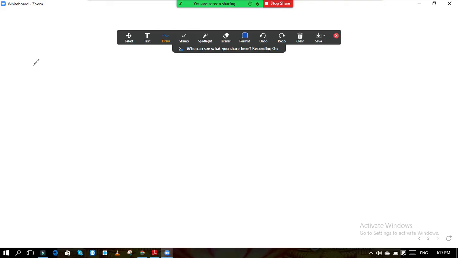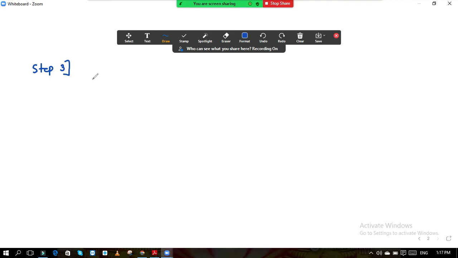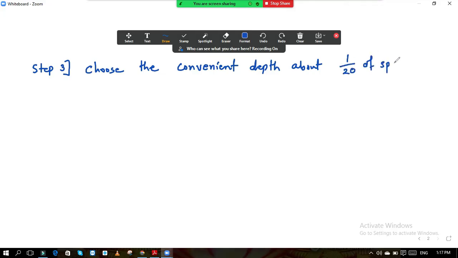So now step 3. Step number 3. Choose the convenient depth, about 1/20 of span. And step 4.